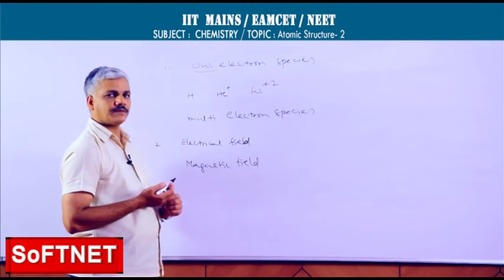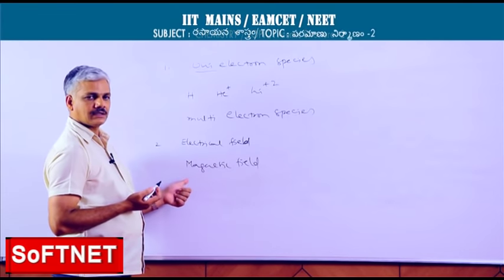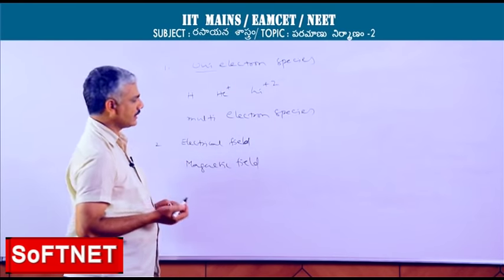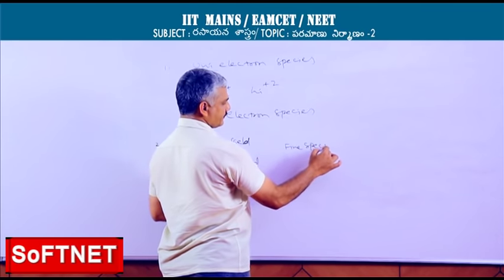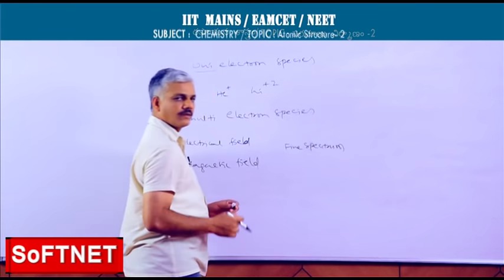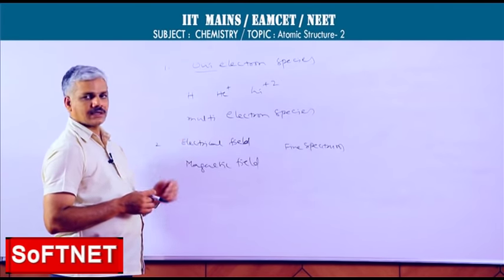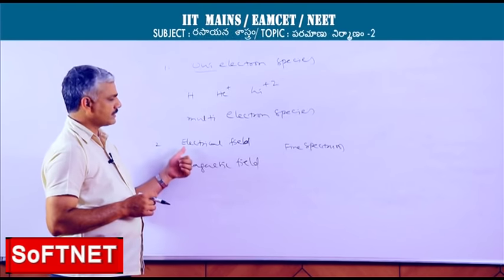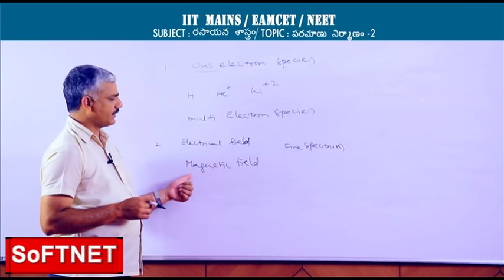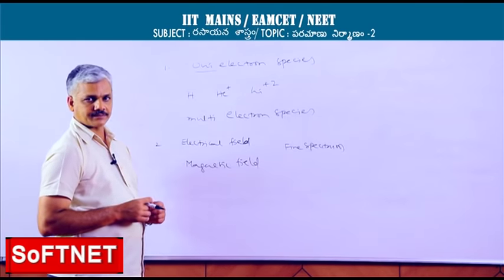That splitting of spectral lines in the presence of external electrical field or external magnetic field is called a fine spectrum. Fine spectrum means splitting of individual spectral lines in hydrogen spectrum into a pack of lines in the presence of external electrical field or magnetic field.